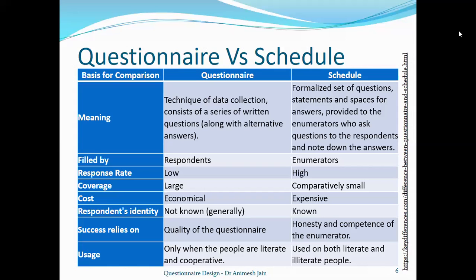The cost, obviously, the schedule will be more expensive, not just because of the cost involved in printing but also the cost involved in employing the people who will interview. Whereas in the case of a questionnaire, it will be much more economical.